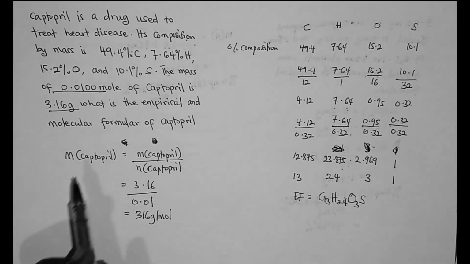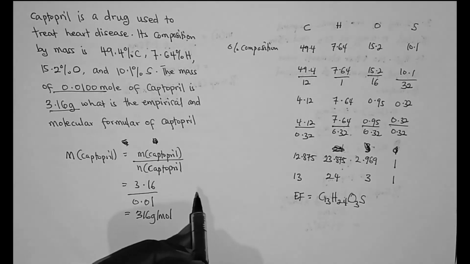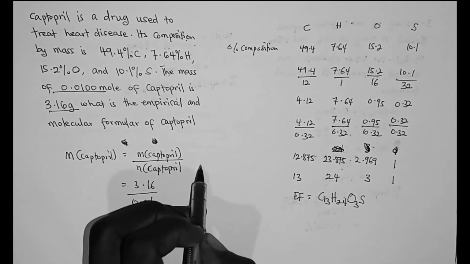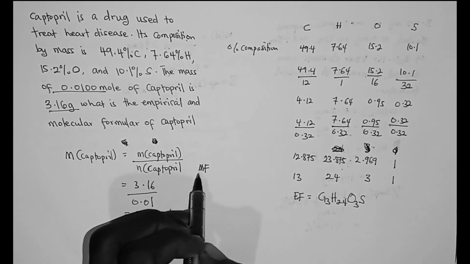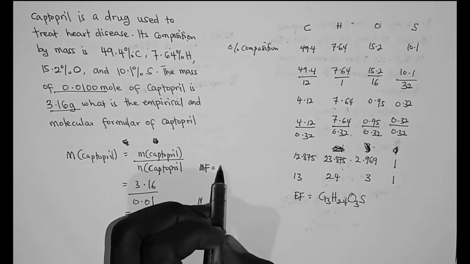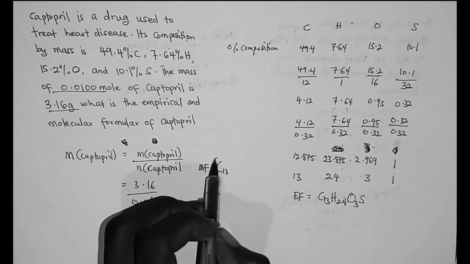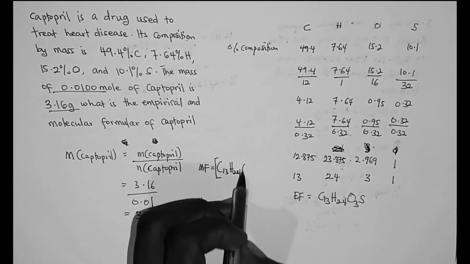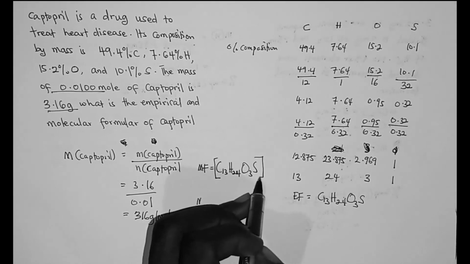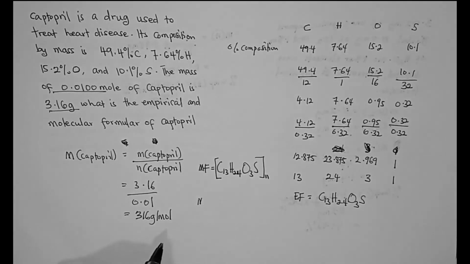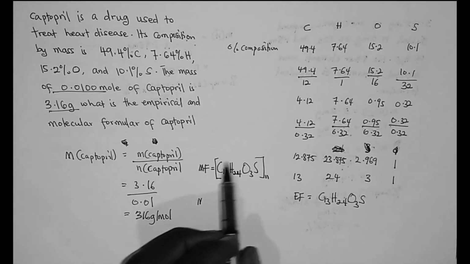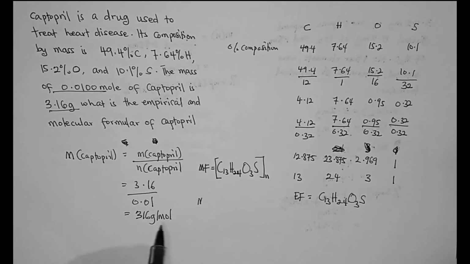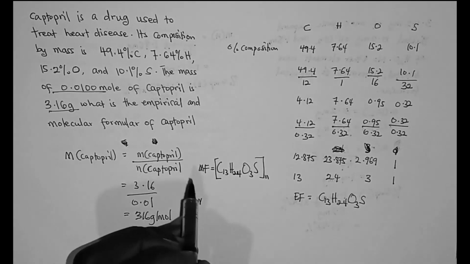So how then do we find the molecular formula? The molecular formula of captopril is equal to C13H24O3S, in brackets, times a certain number n, for which n multiplied by the sum of the molar masses of the various individual elements equals 316 grams per mole.